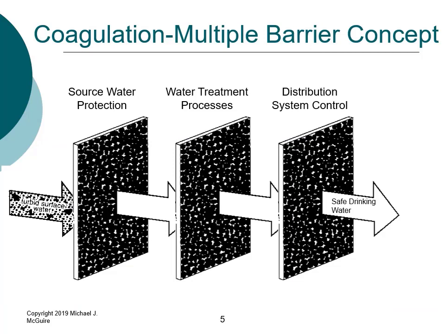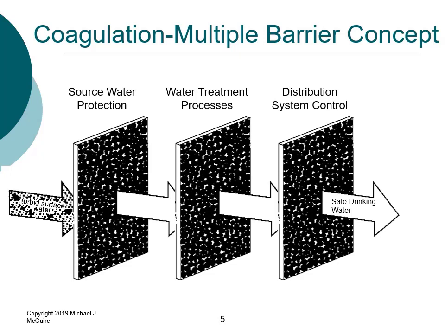So one of the things I want you to think about throughout the semester is how in water treatment, when we're treating water or when we're providing water, we really think about it with a multiple barrier approach. So we think about source water protection. You want to make sure that either your lake, your reservoir, your groundwater does not become contaminated.